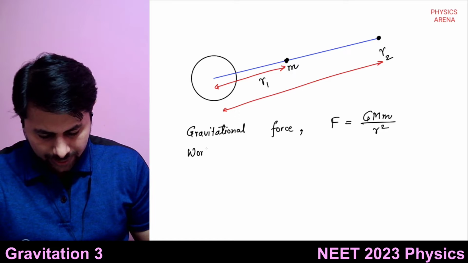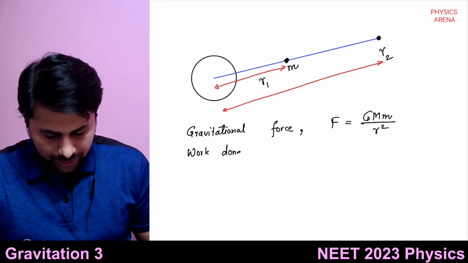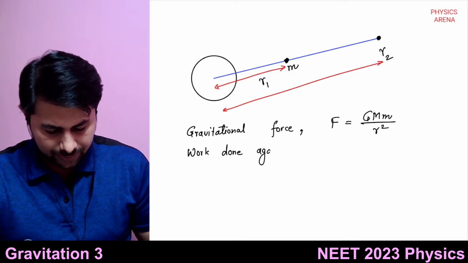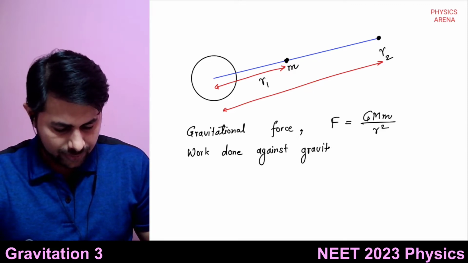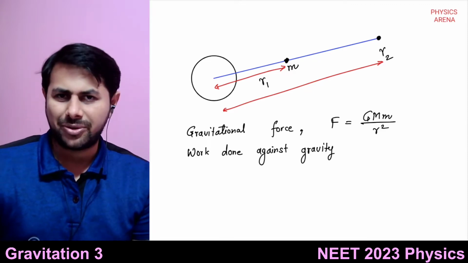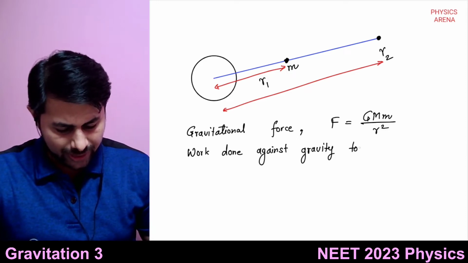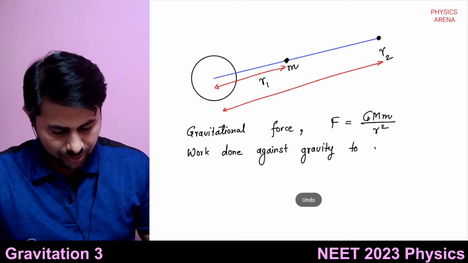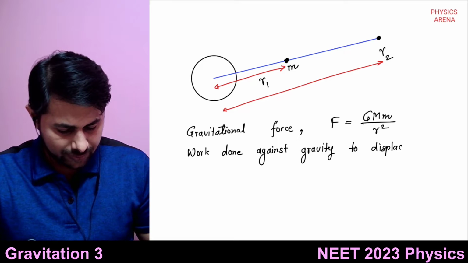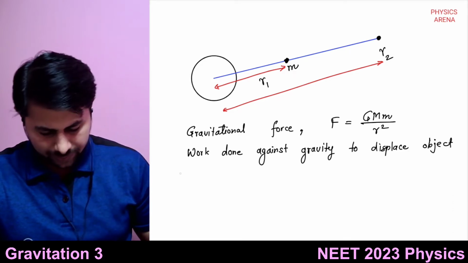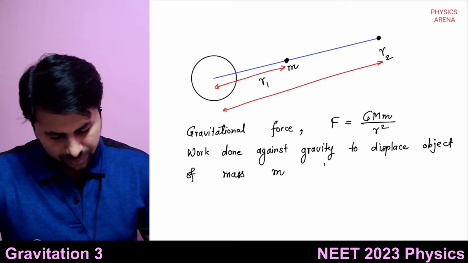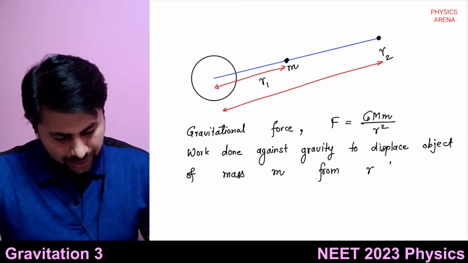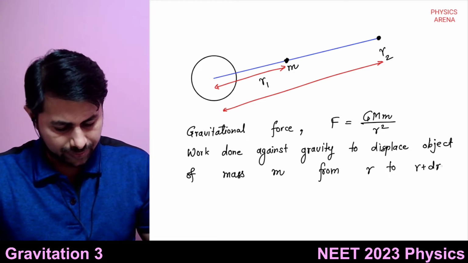So the work done against gravity, gravity of Earth, to displace this object of mass m from r to r plus dr.